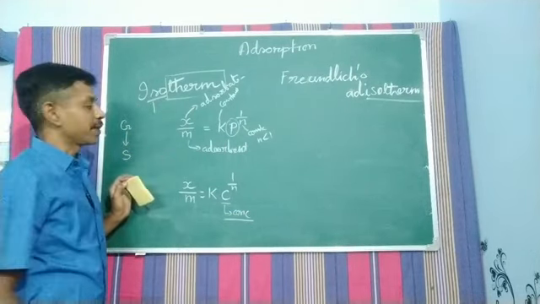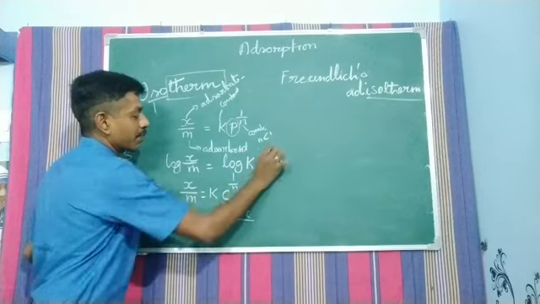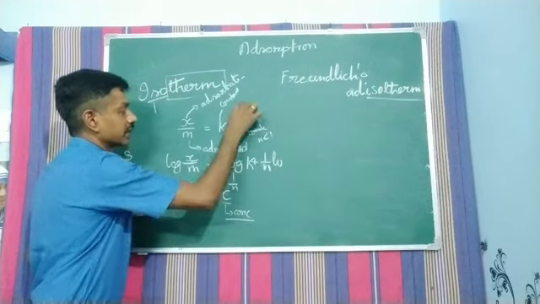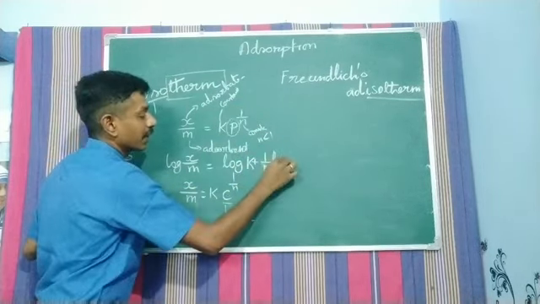Then take log on both sides. So log x by m will be equal to log K plus 1 by n into log of P. So this is the latest expression.